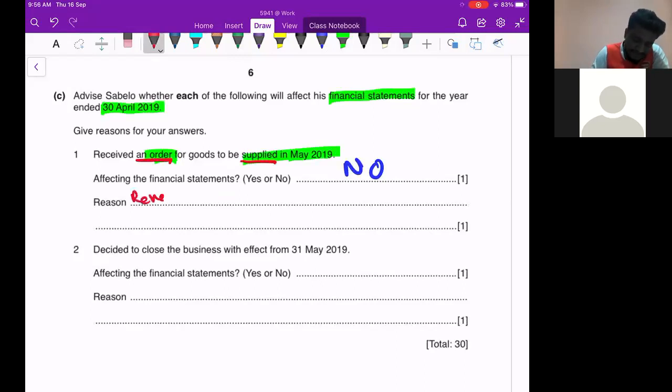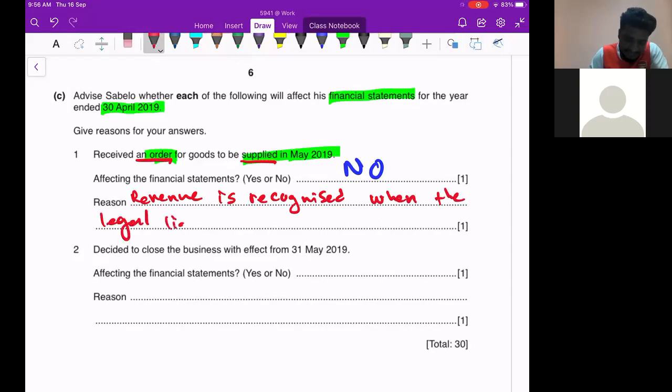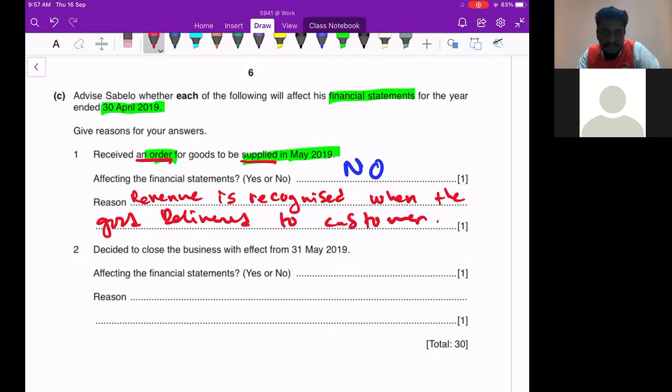The revenue is recognized when the legal liability is passed to the customer, or in simple words, when the goods are delivered to the customer.